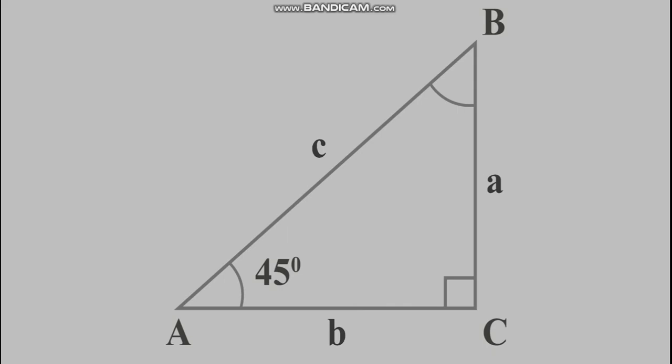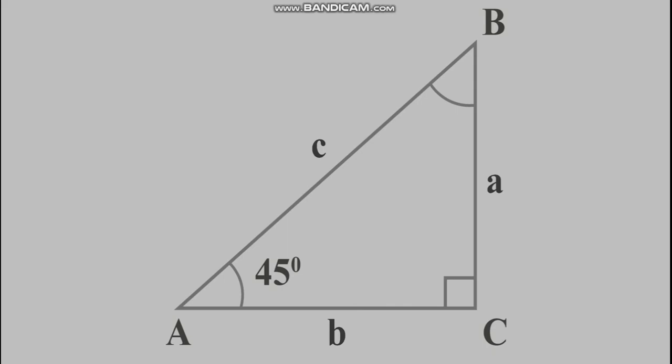So let us consider a right triangle ABC, right angled at C. If you observe here, angle A is 45. That means we can call it a right isosceles triangle. Since angle C is 90 and angle A is 45, angle B is also 45.